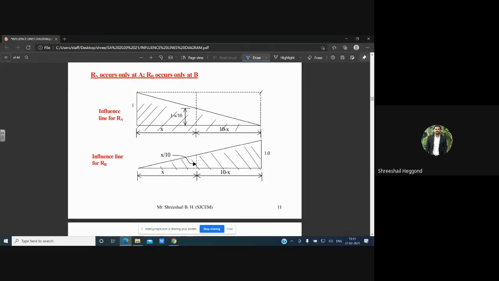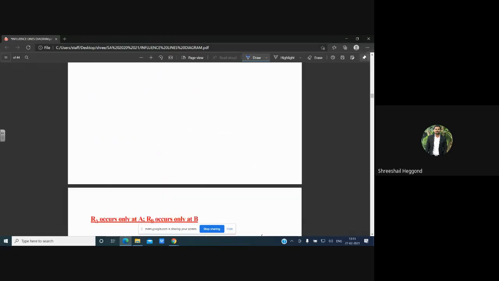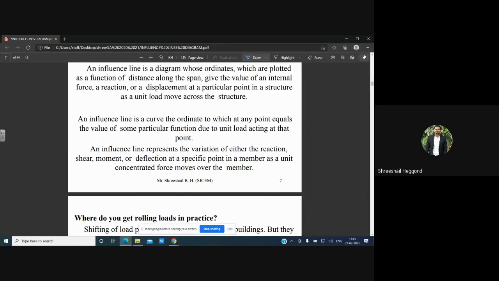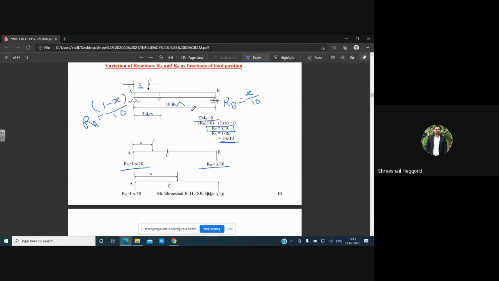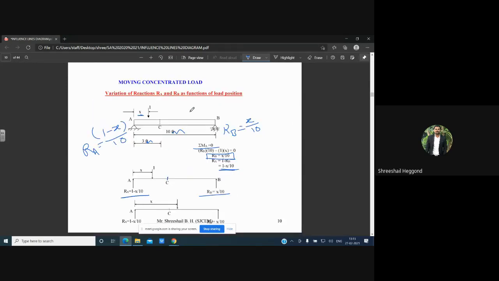Before going for this diagram, I can draw it in the previous slide only. In this diagram, if I want to draw the diagram for ILDs, here RA is calculated as 1 minus x divided by 10.